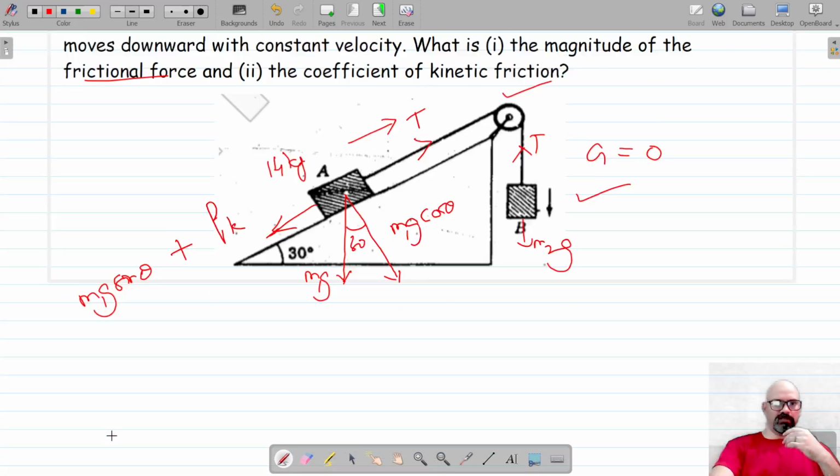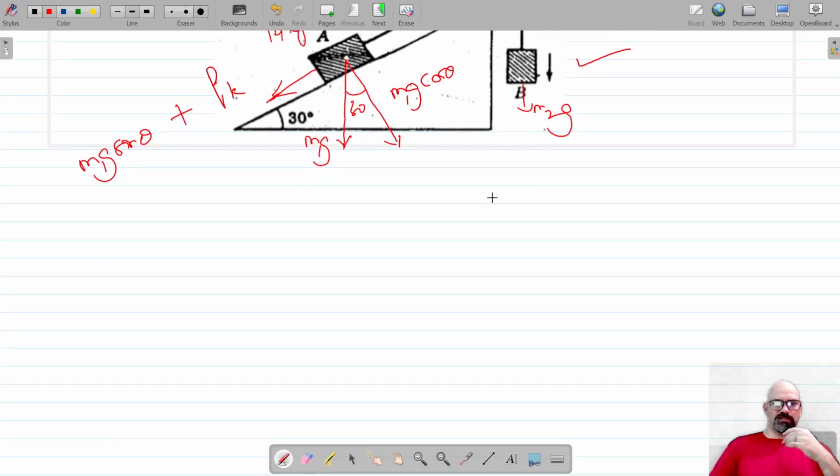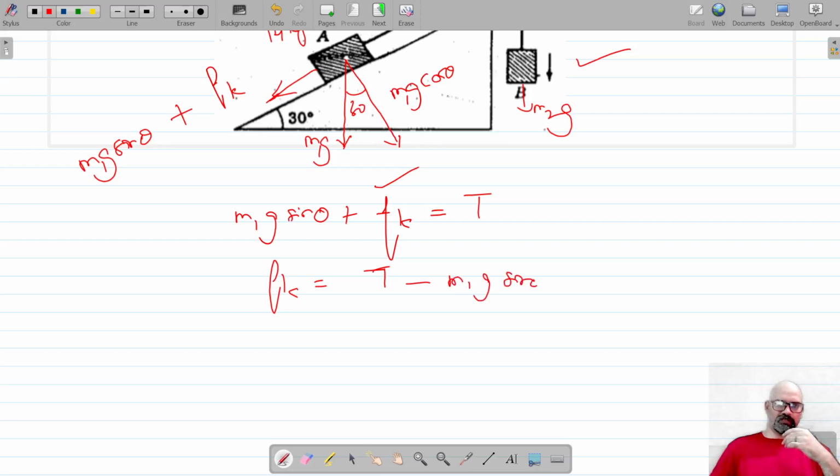And now we have to calculate the force of friction. So the tension is balanced: M1G sine theta plus the force of friction is balanced by the tension T in the string. So the force of friction is equal to tension minus M1G sine theta.